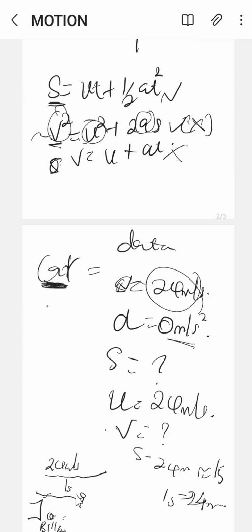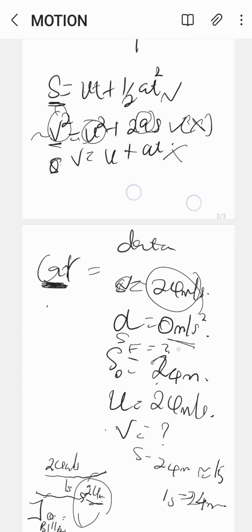In that 1 second the car would have moved 24 meters already, which means 24 meters will be the initial distance at which the car starts from with reference to the trooper starting the chase.